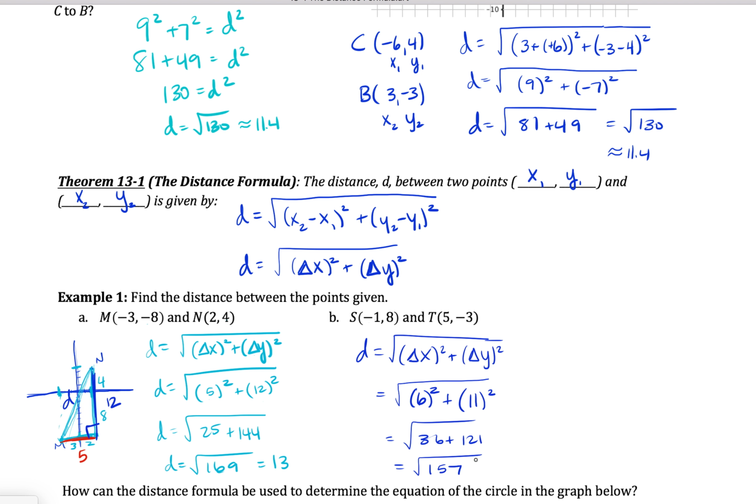And let's see, does 157 simplify? I don't think that it does. It doesn't simplify into a nicer square root. So we can leave it as square root 157, or we can type it in our calculator and get an answer of about 12.5 as a decimal.